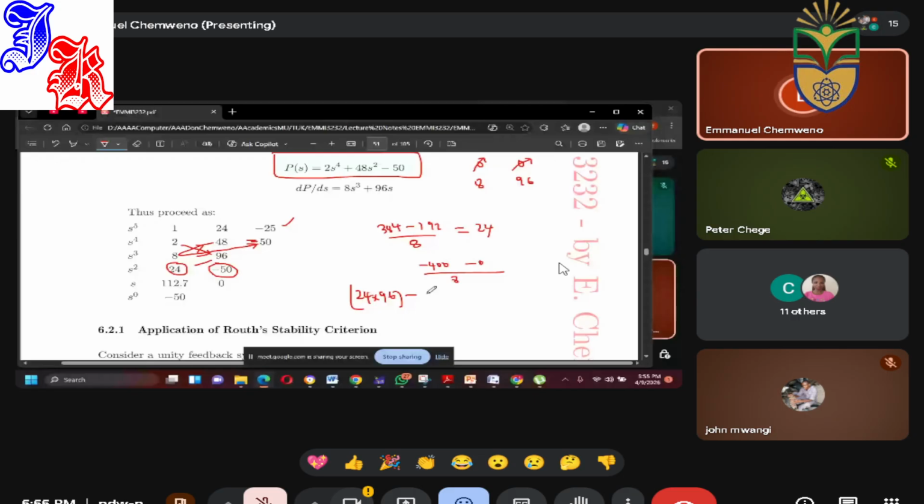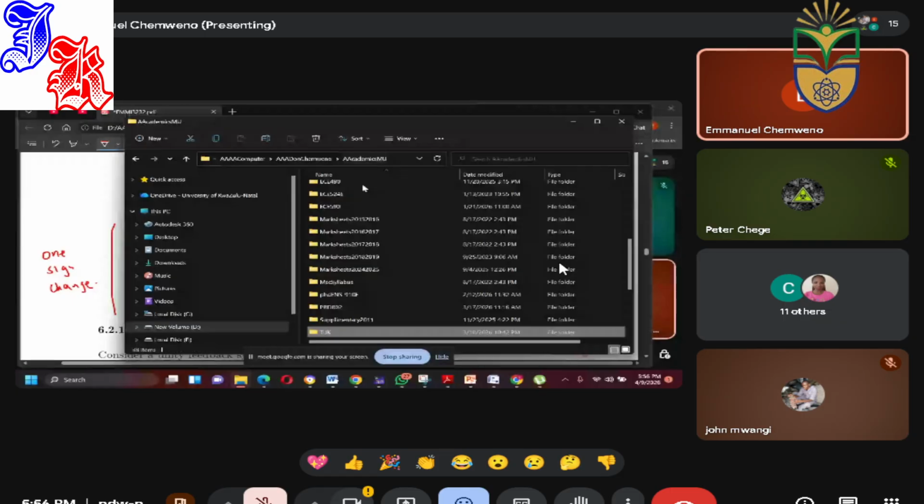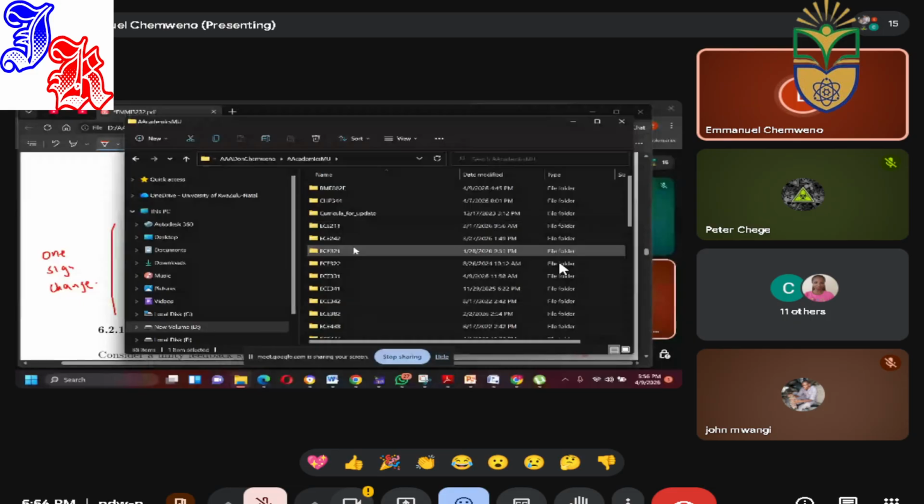And finally, negative 50. 112 times negative 50 over 112 is negative 50. Now we look at the first row and you say that there's only one sign change. Let's check, oh, let me check if there is one I have.